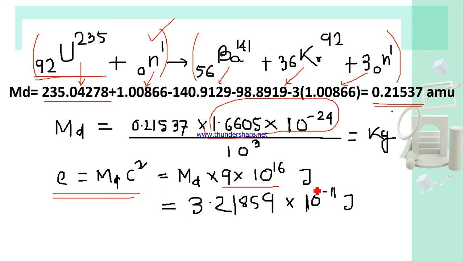The velocity of light is 3 into 10 to the power 8 meter per second, so that means c square is 9 into 10 to the power 16. So the energy produced from a fission of a nucleus of uranium-235 is 3.218 into 10 to the power minus 11 joule.